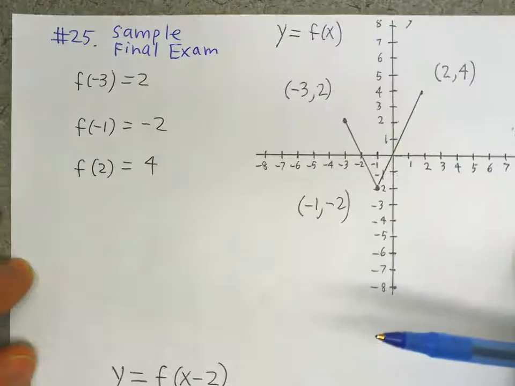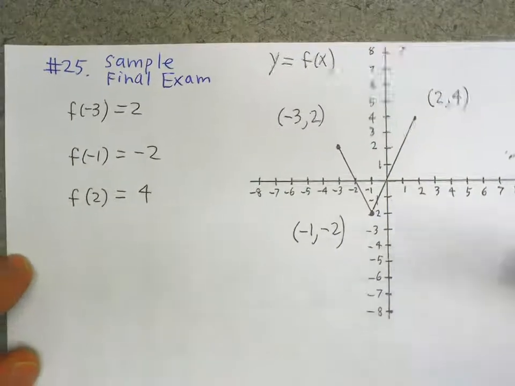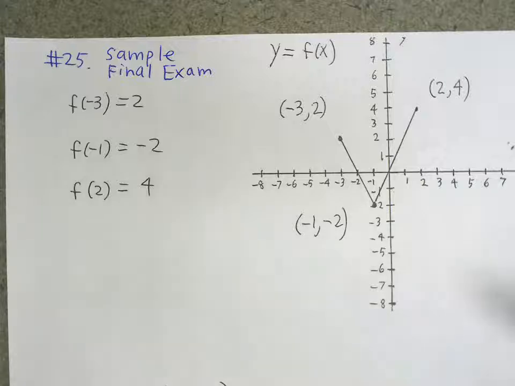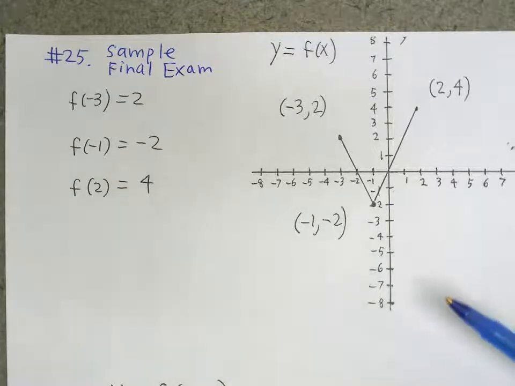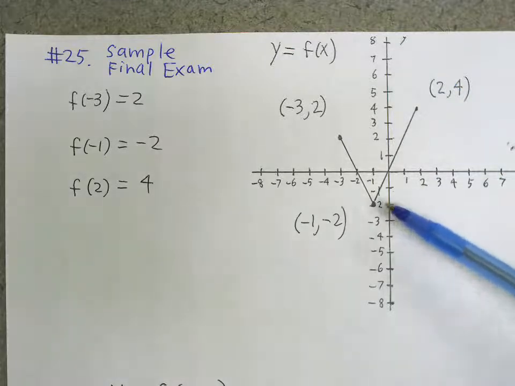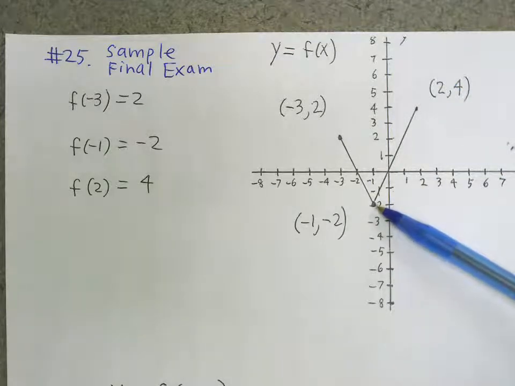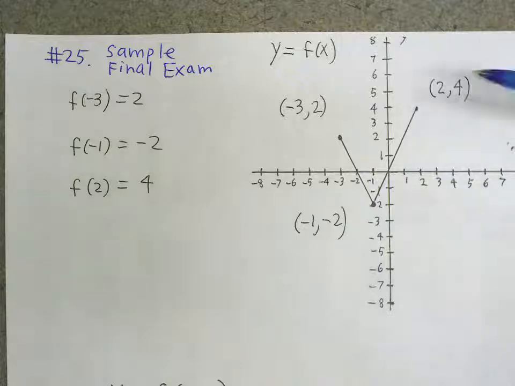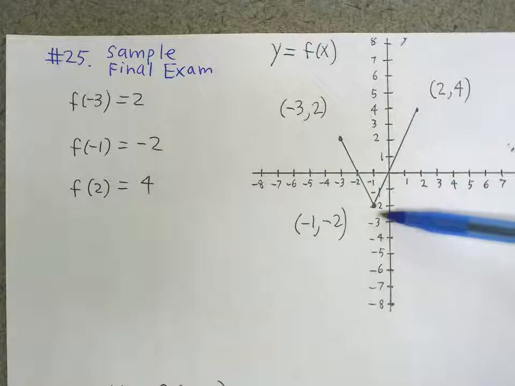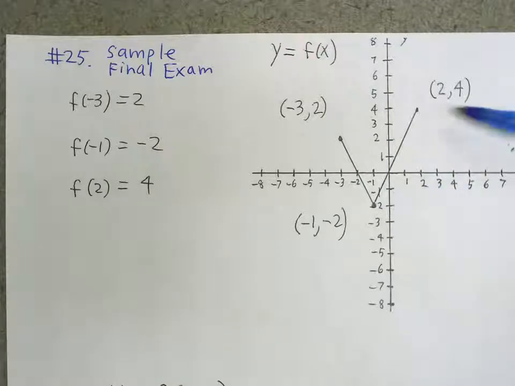One of the problems that we didn't get to on the sample final exam was problem number 25, which I've reproduced here. We have the graph of f of x, which is just the connection of two line segments, and I've labeled the ordered pairs -3, 2 up here on the upper left, down here -1, -2, and this one is the ordered pair 2, 4.